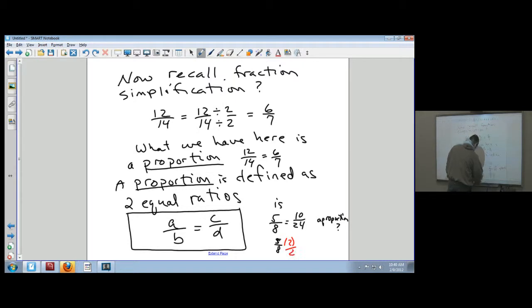And if I multiplied the denominator by 2 as well, we would end up with 10/16, not 10/24. So in answer to this question, is it a proportion? No, it is not a proportion. The reason it's not a proportion is the same operation of multiplication or division is not done to both the numerator and the denominator.